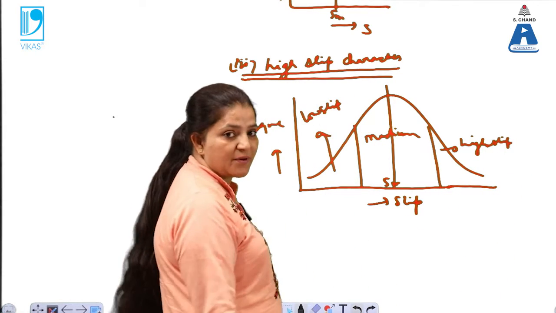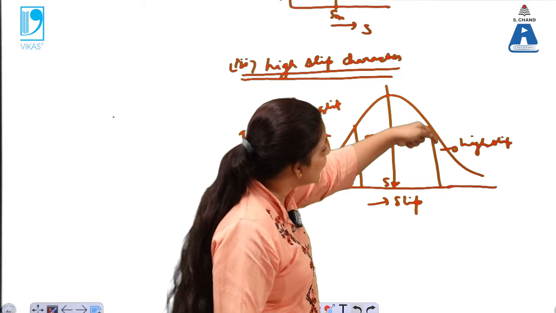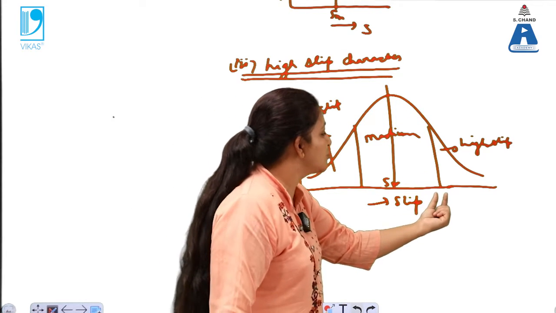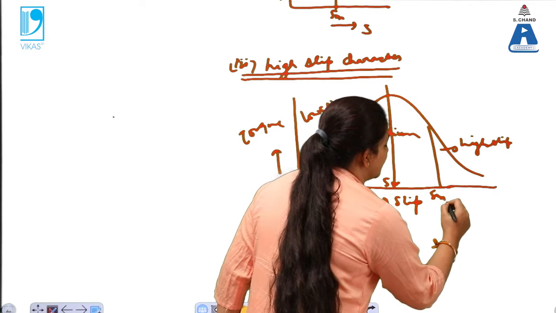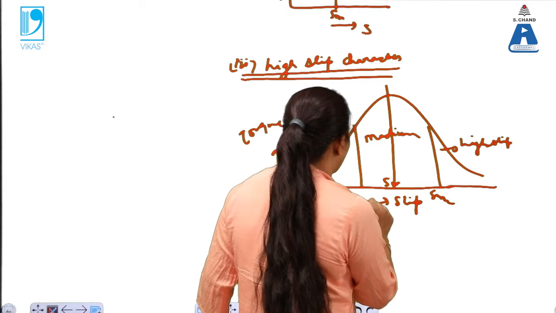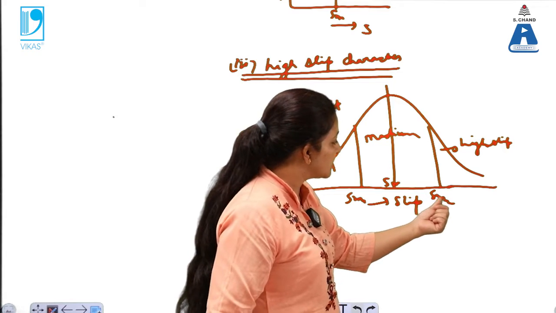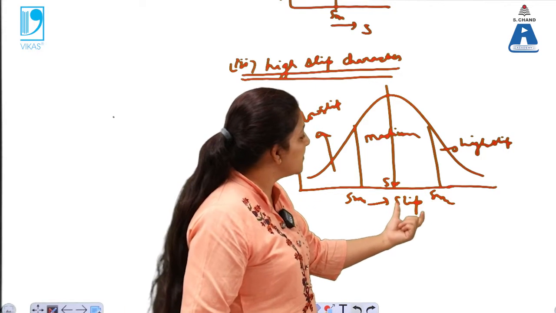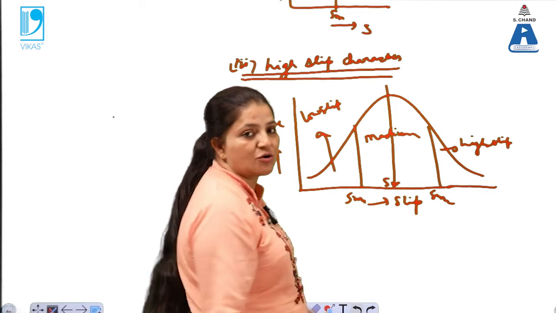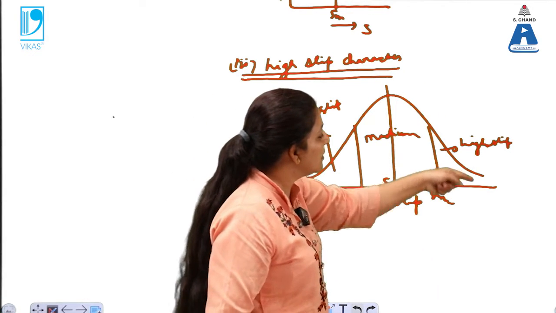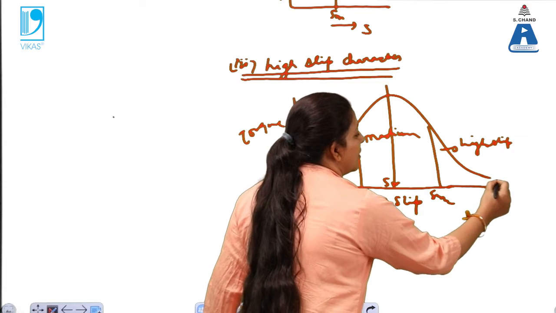In the high slip characteristics, as the slip increases from this point to this point, say this is SM1 and SM2, after SM2, as the slip is further increased, there is an immediate drop in the torque. The torque drops to around 0.